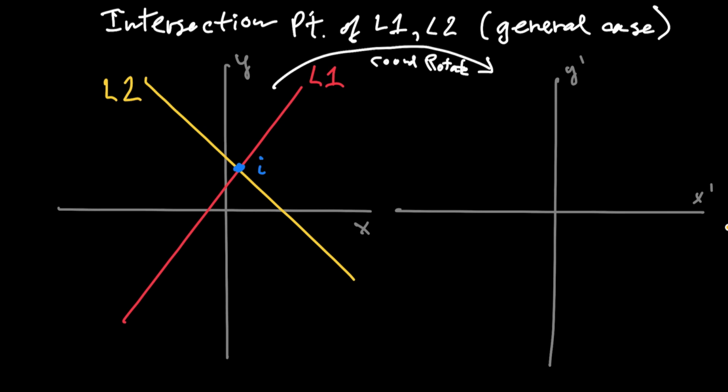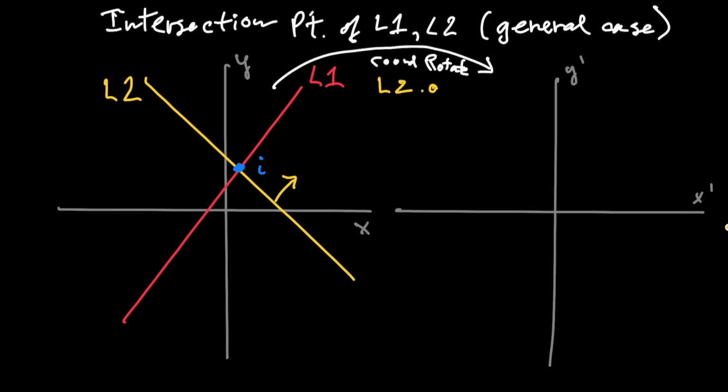And we said for the special case we wanted L2 to stand vertical. So what that means is, we just draw in the orientation for L2. That thing will become the new x-axis. So we'll be using L2 orientation to define our new x-axis.